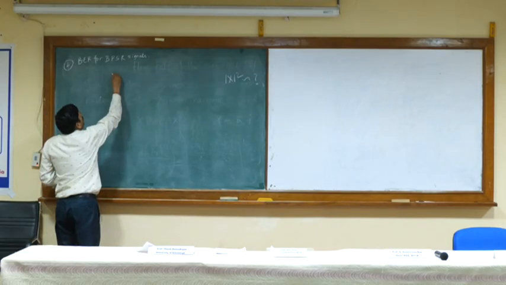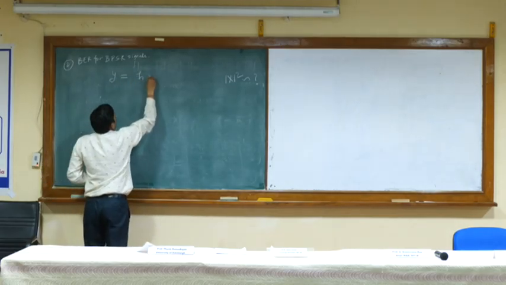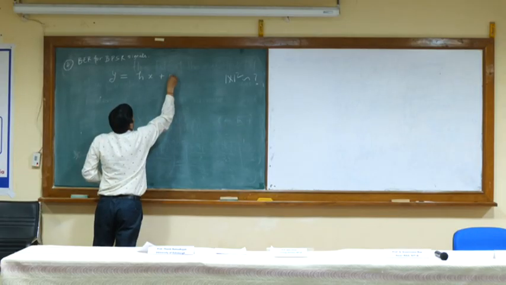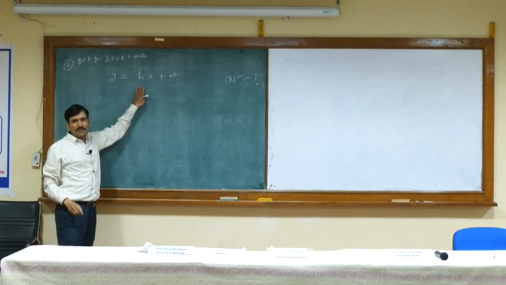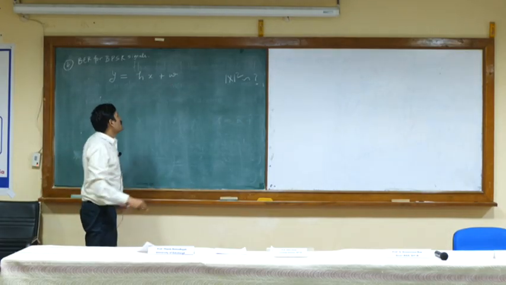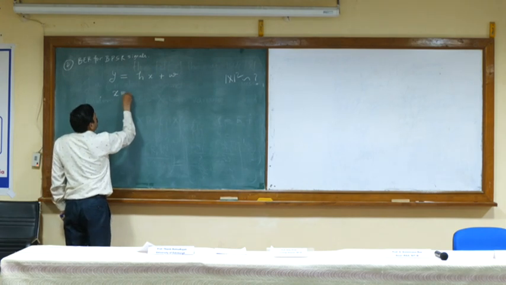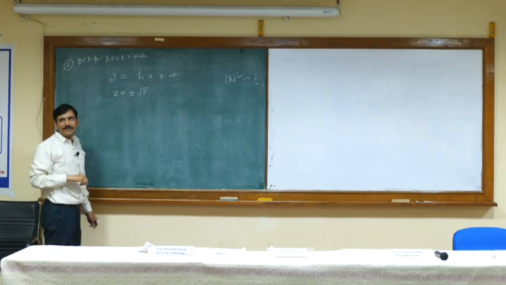So we have some equation, receive signal equation, y equals h x plus let's say w, okay, where h represents the channel, x represents the BPSK bits, and w represents the noise. So x is equal to plus minus square root of p, that is the BPSK signal.